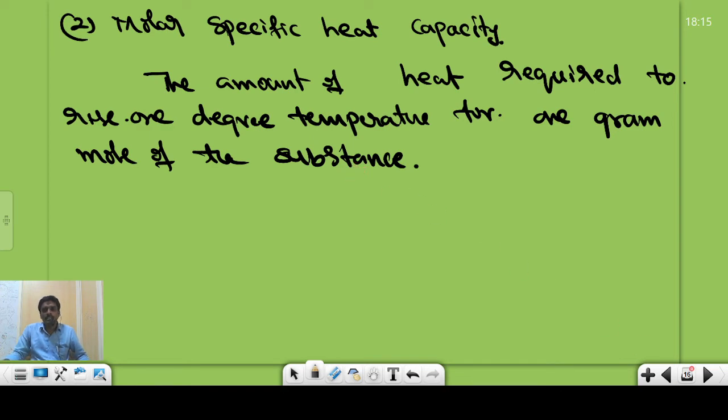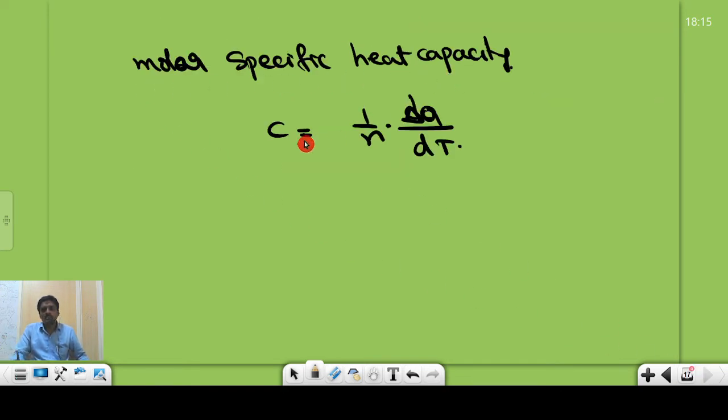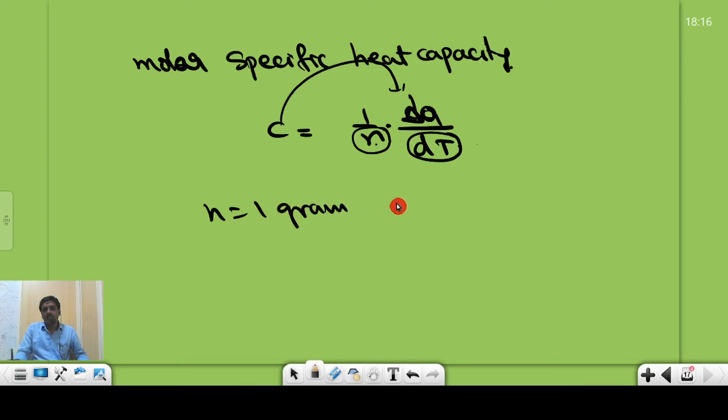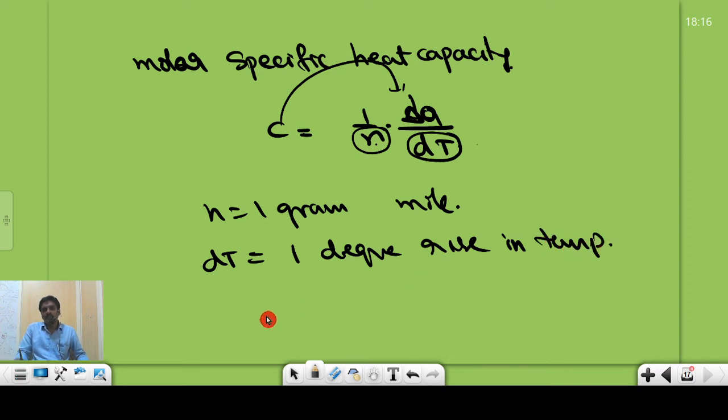If you go to the mathematical formula for this one, the molar specific heat capacity is equal to, instead of m, we write the number of moles n. If n is equal to 1 gram mole of the substance, and dt is equal to 1 degree rise in temperature, then C is equal to dq.